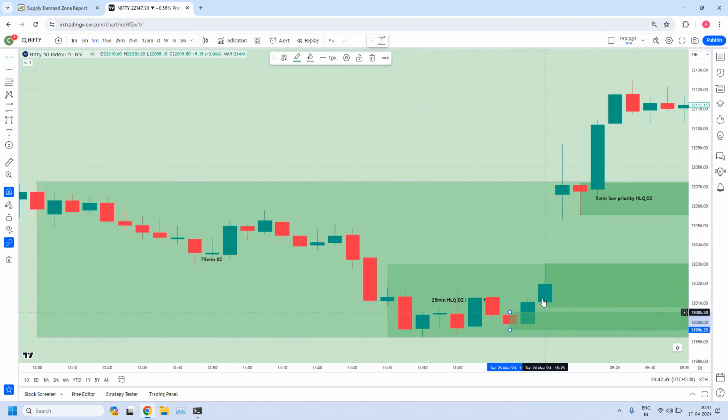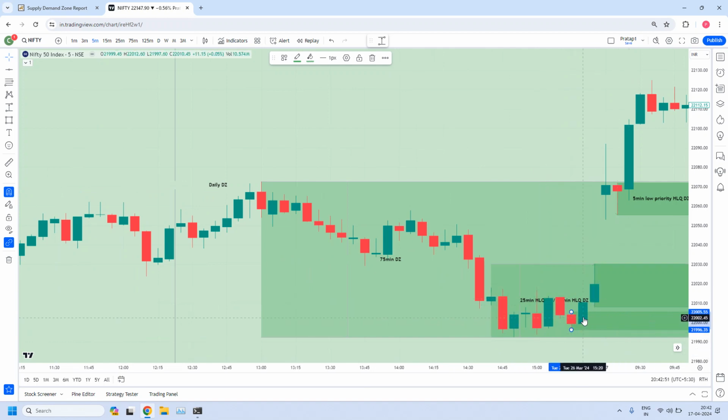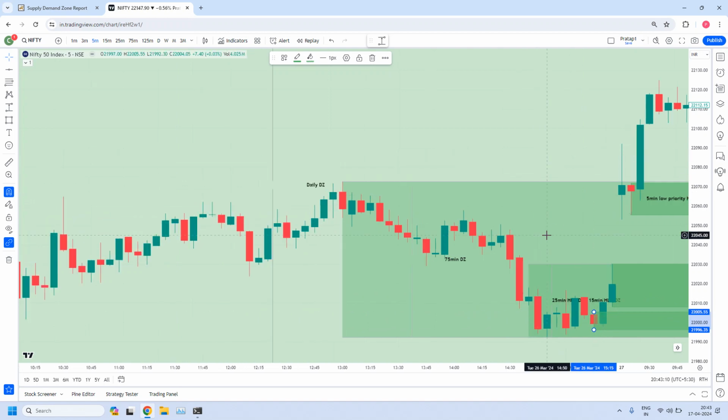Sometimes we can compromise and draw the zones. This is good enough. Why is the software not identifying it? I have given a huge target for the software, identifying especially 15 minutes and 5 minutes. The software identifies only leg outs having high explosive moves many times. That way I fine-tuned the algorithm.